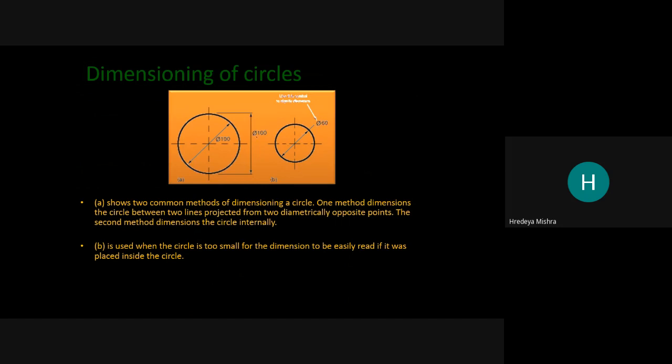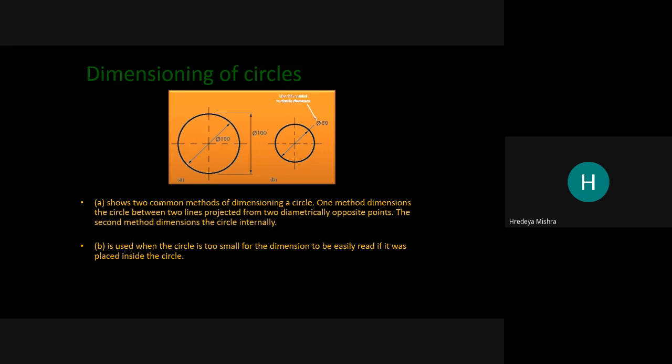Phi is the representation for the diameter, and R is the representation for the radius. When there is an arc, we represent it by R. And when there is a complete circle, it is represented by phi, and phi is used for the representation of diameters.